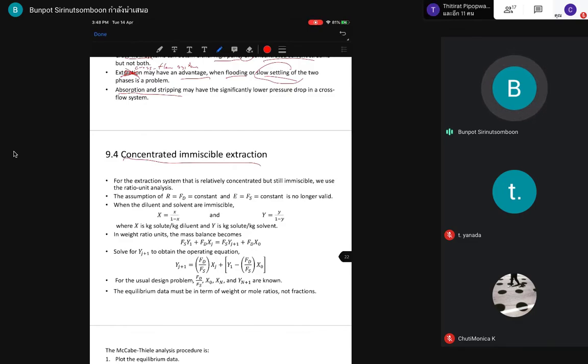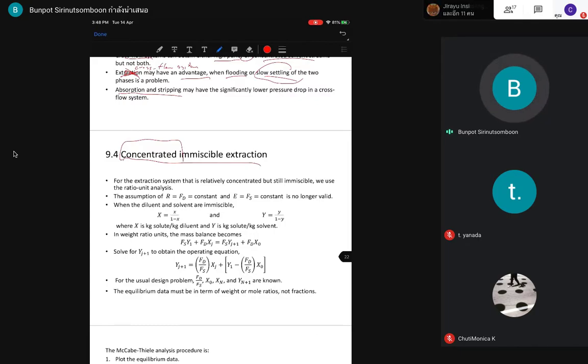The lines are straight and it's easy to do the calculation. But of course, sometimes you have to deal with concentrated solute, and when you do, you have to reconsider some of the assumptions.